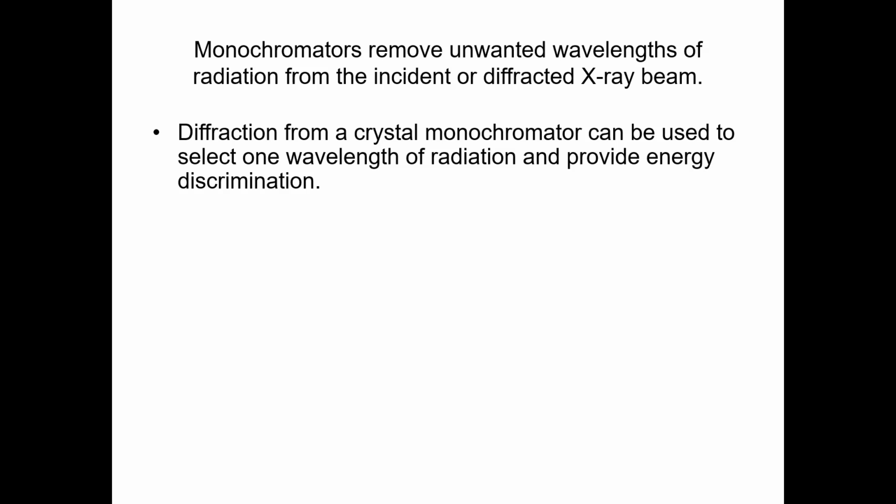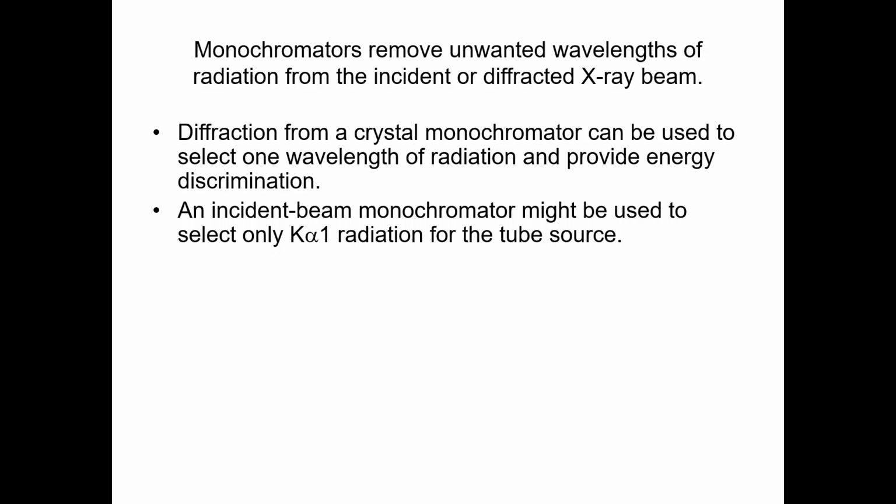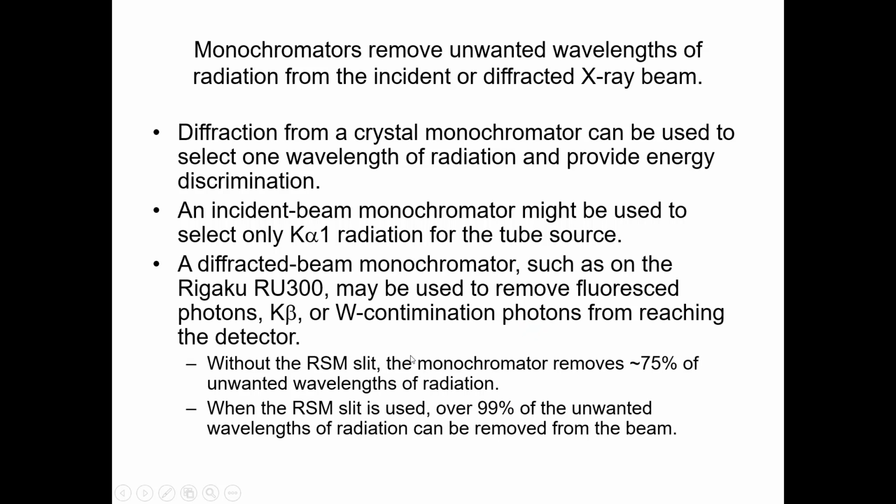Diffraction from the crystals of monochromators can be used to select one wavelength of the radiation and provide energy discrimination. Incident beam monochromators might be used to select only K alpha 1 radiation from the tube source. A diffracted beam monochromator, such as on the Rigaku RU300, may be used to remove fluorescence photons, K beta or tungsten contamination photons, from reaching the detector.